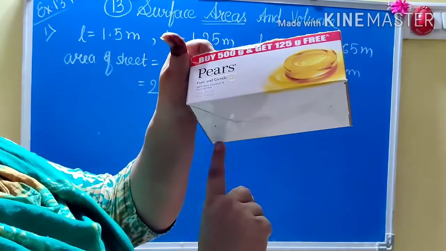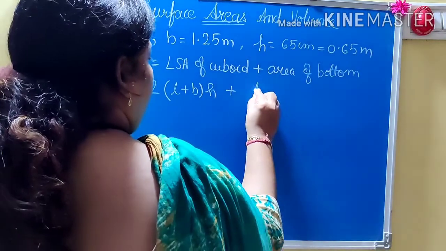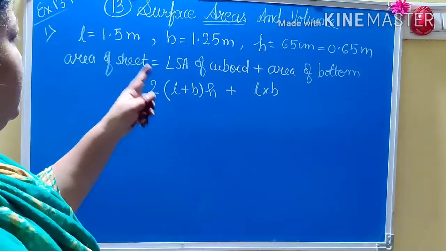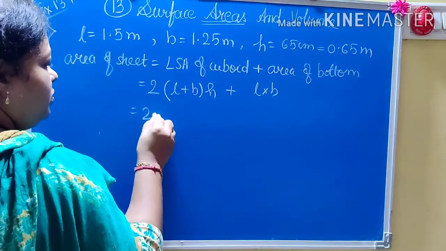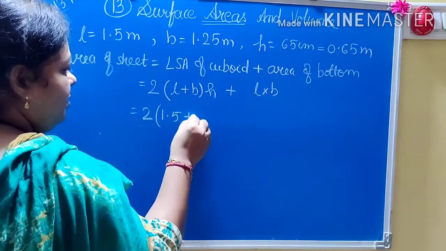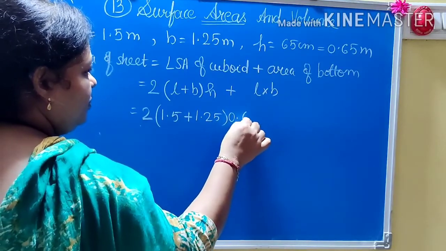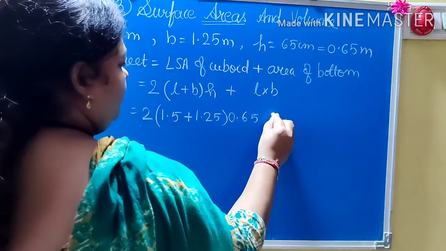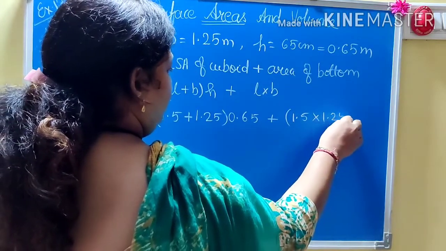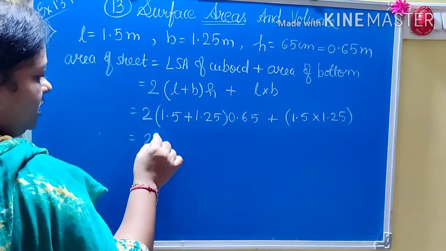So L into B will give you the area of the bottom. Just substitute the values: 2 into (length 1.5 plus breadth 1.25) into height 0.65, plus 1.5 into 1.25. Let's do these calculations.